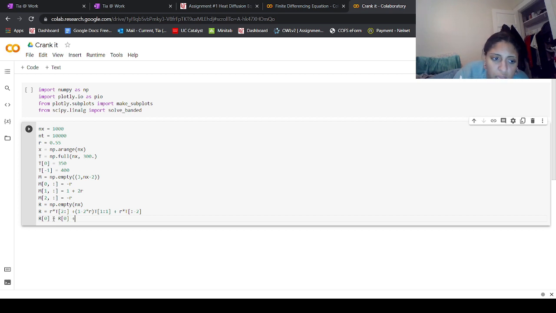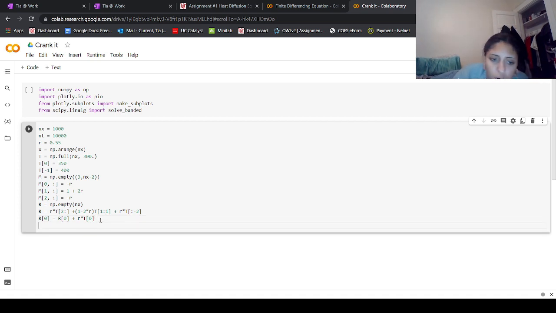And you want to add r times, let's see, temperature 0, I think. Am I doing this right? Okay. So you want the initial temperature. So, oh. We want that first part right there to be that, then plus the initial temperature times the r, right?